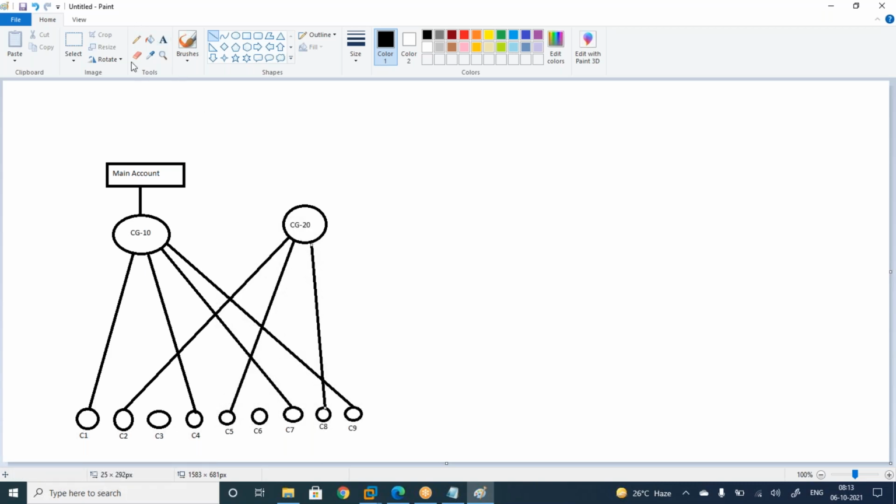Next, this will be mapped with one more ledger account, the main account.